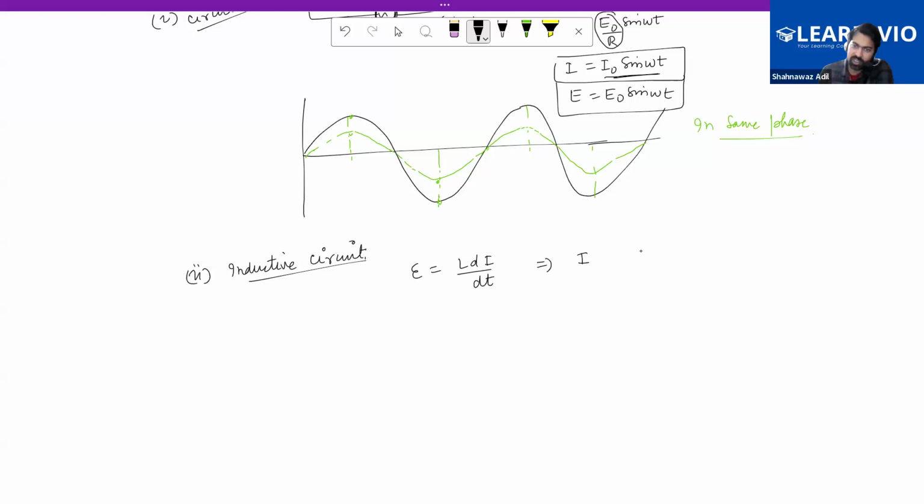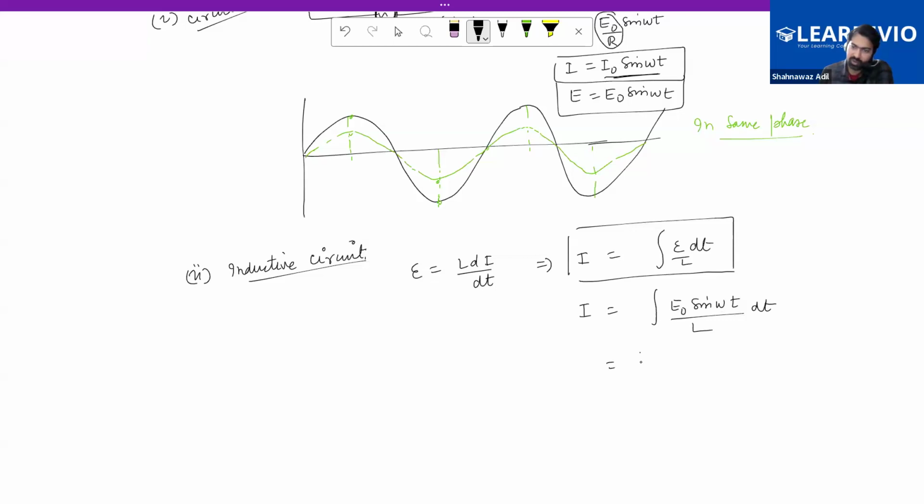I would be the integral of E dt divided by L. We know that this E is E naught sine omega t, divided by L, and dt.